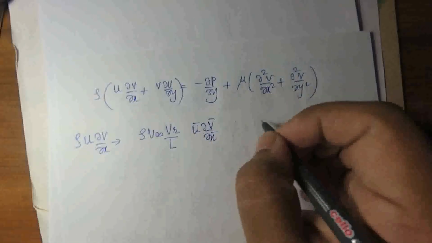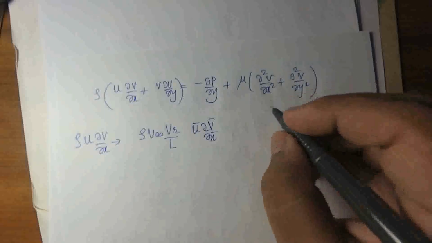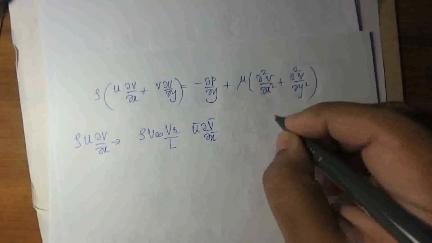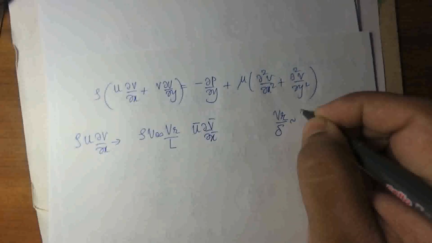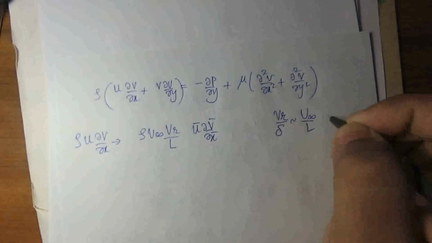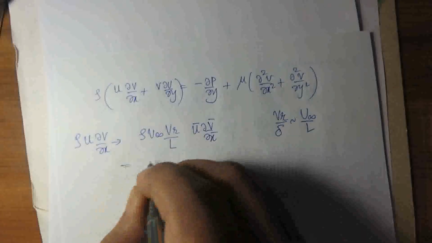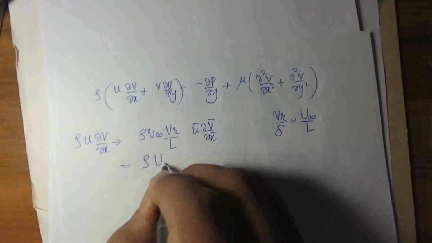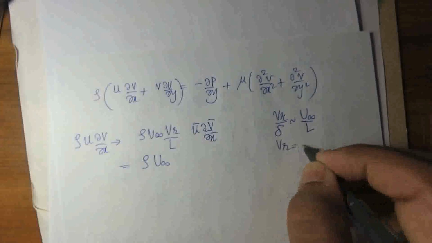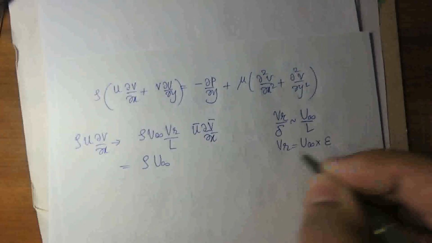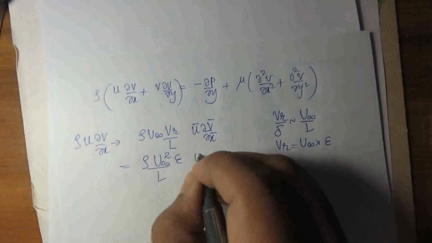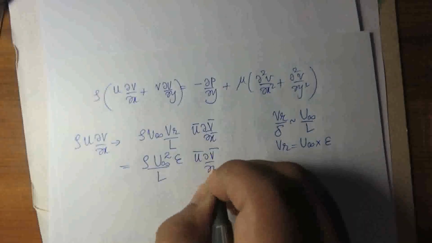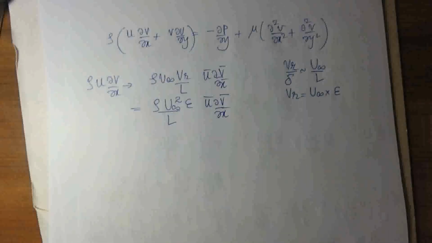But we have already seen from the continuity equation that v reference by delta scales with u infinity by L, and thus this magnitude may be written as rho u infinity. So basically Vr equal to u infinity times epsilon, so u infinity square epsilon by L. This is the first term.